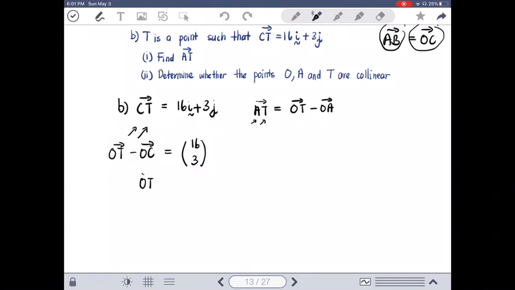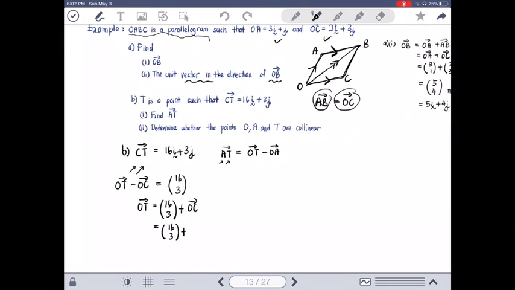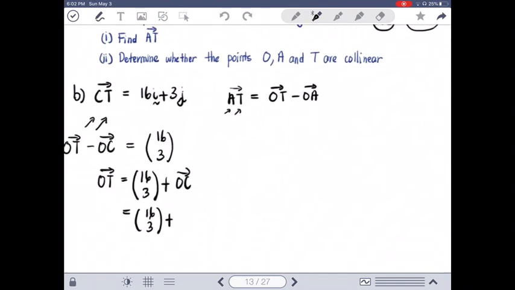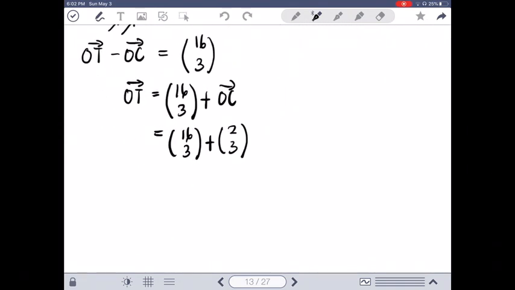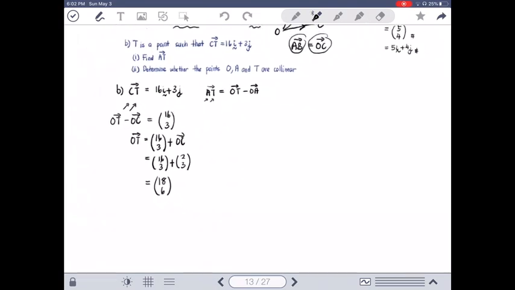Therefore, vector OT is just equal to vector (16, 3) plus vector OC, which is (2, 3). It's given in the question. So vector OT is just (18, 3) plus (3, 6), 18i plus 6j.